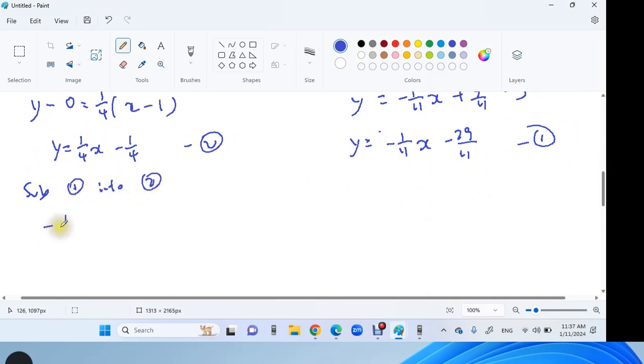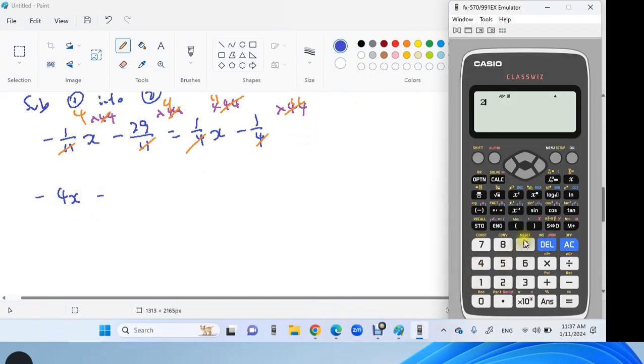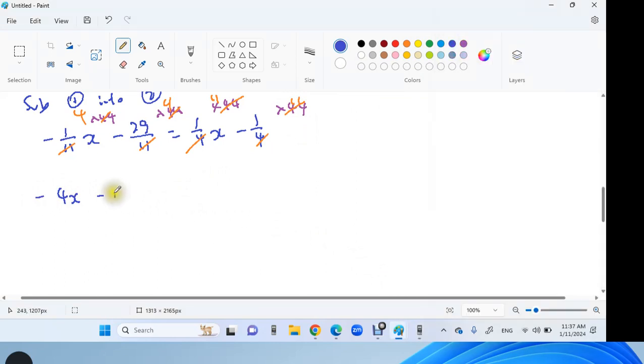So we have negative 1 over 11 x minus 29 over 11 equal to 1 over 4 x minus 1 over 4. So we multiply everything by 44. So this is 4, 4, 11, 11. Okay, so we have negative 4x minus 29 times 4, which is 116, equal to 11x minus 11.